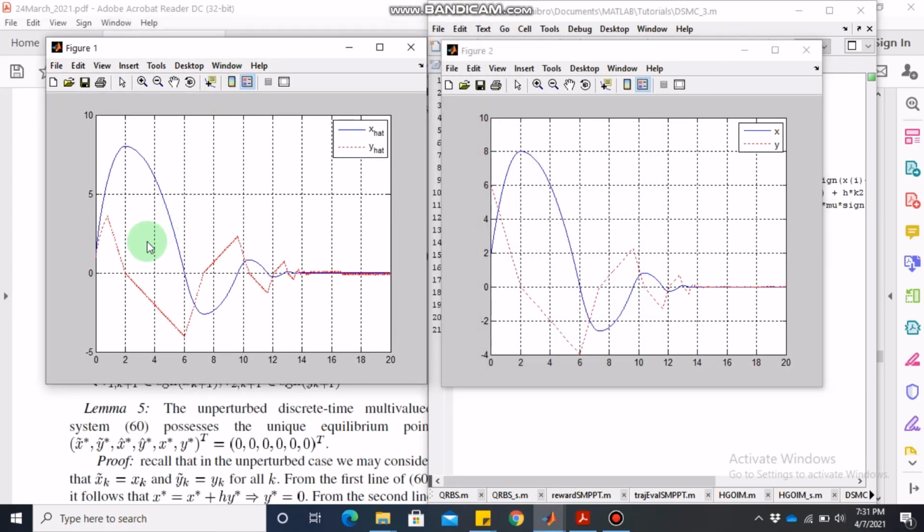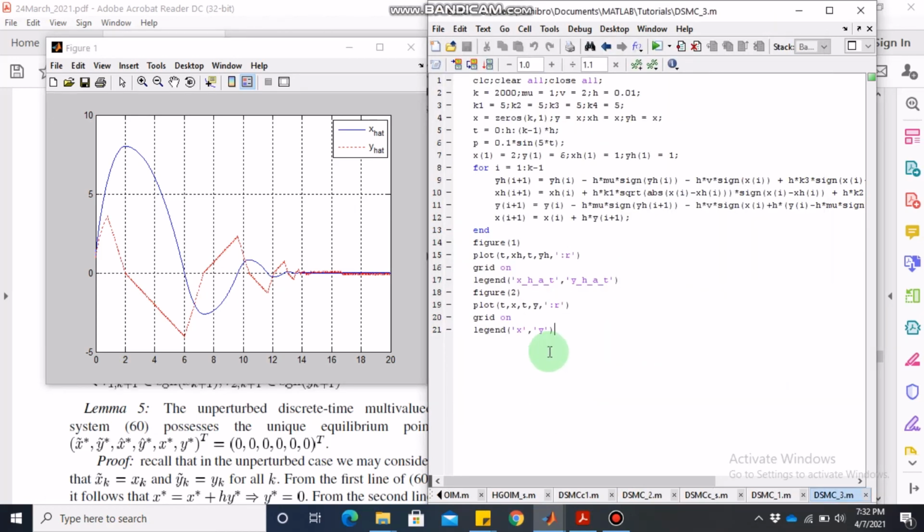So x hat is very similar to x, and it goes to 0, and similarly y hat is very similar to y, although the initial conditions are quite different. We can also plot x hat and x together, and y hat and y together.